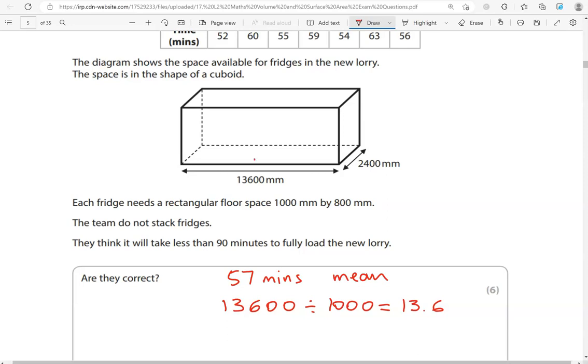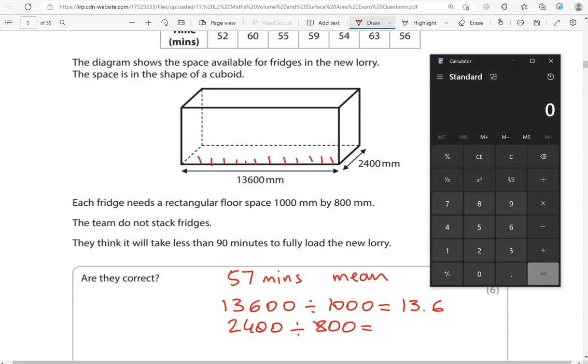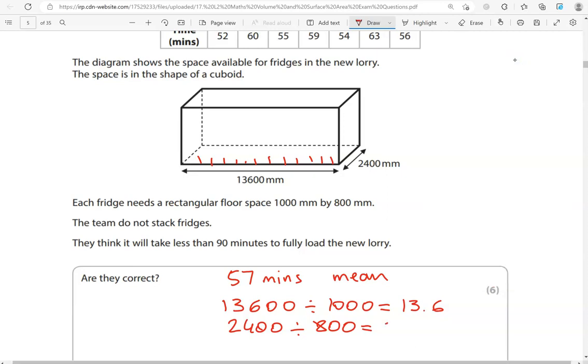So you can imagine along the width, we'll work out by doing 2,400 divided by 800. It gives us 3.